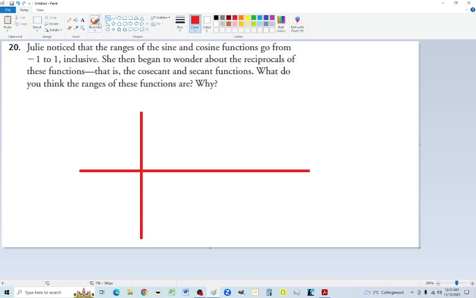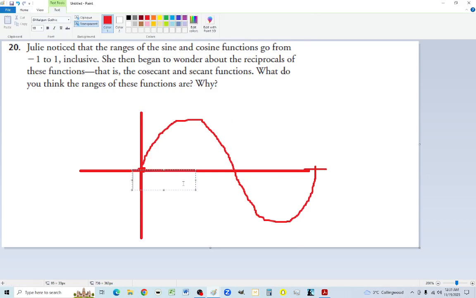It starts at 0, 0. At 90 degrees, it goes up to 1. At 180 degrees, it goes to 0. At 270, it goes to -1. And at 360, it goes to 0 again.